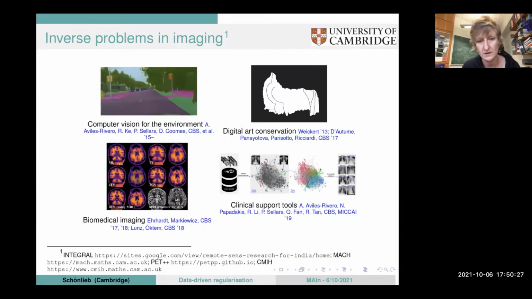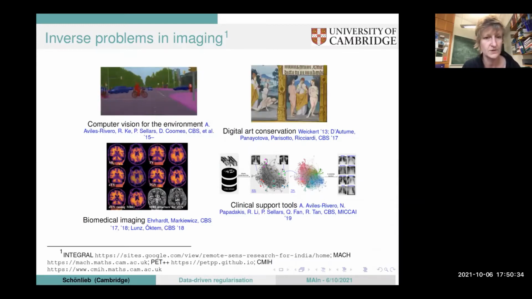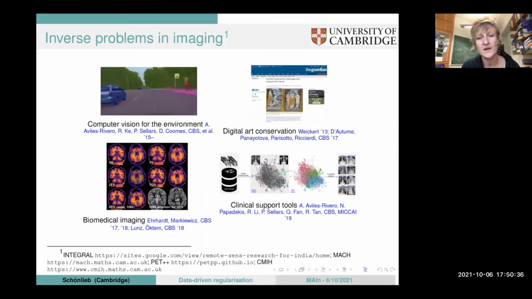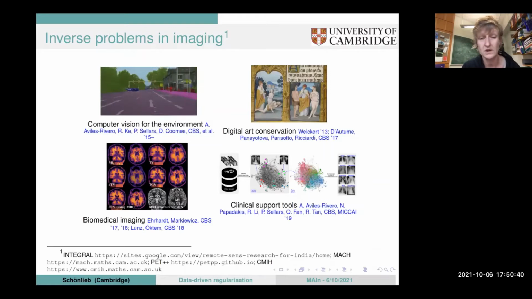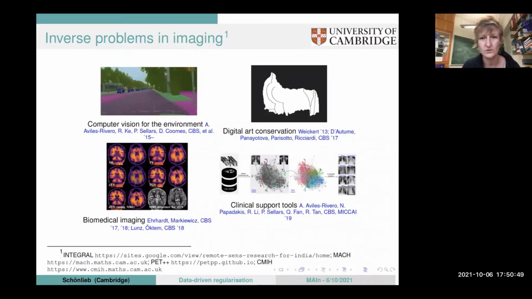Some of these inverse problems are really theoretically very challenging, and I'll say a little bit more about that later. You can work on computational solutions, you can work on even physics-based modeling, or you go really all the way to applications and do some interdisciplinary research. So this is really nice.